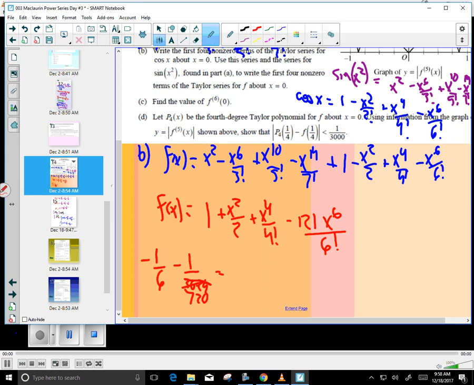Okay? And then find the value f6 of 0. Okay, so this would be the 6th derivative to get to that. And so if you want to know what f6 of 0 is, I think it's 1, isn't it? F of 0 for this, isn't it just going to be 1?